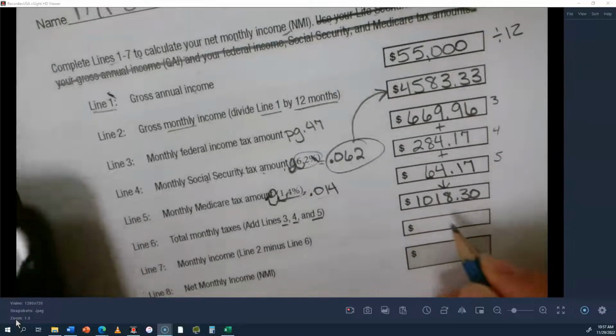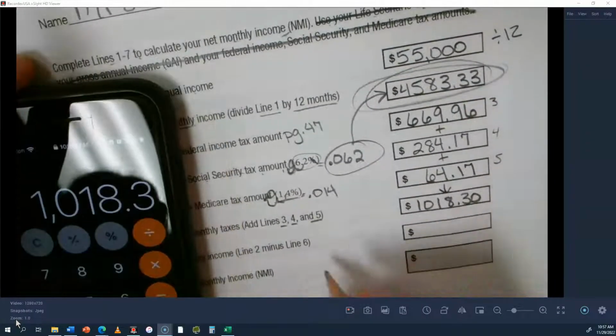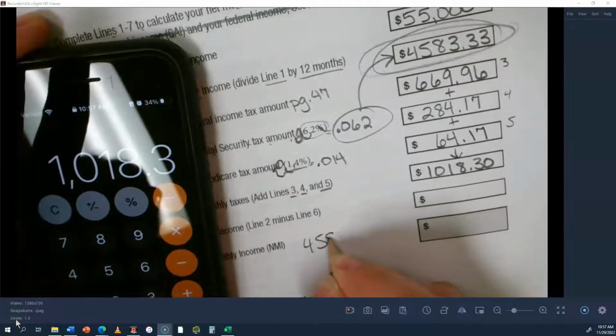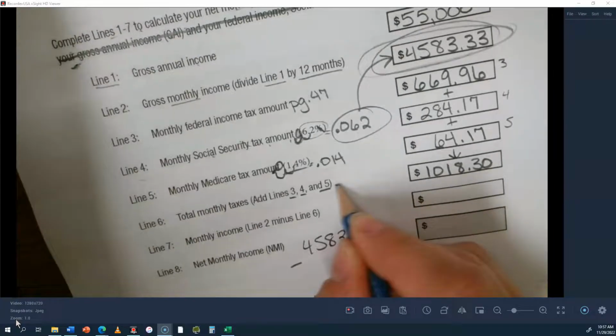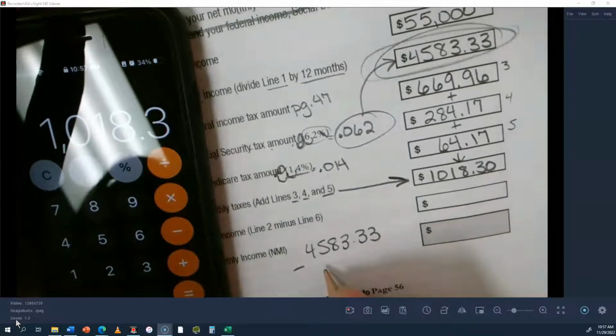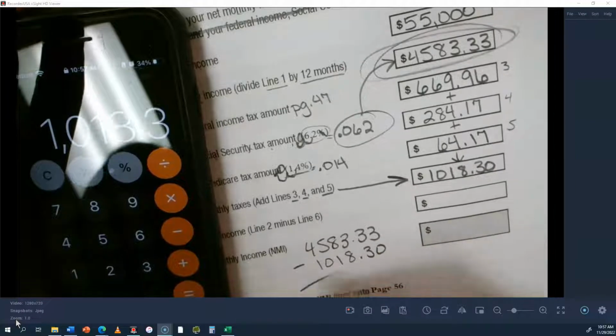Now, I need to then take my monthly income, which is 4583.33, and I need to subtract my deductions, my monthly taxes, 1,018.30. Okay?